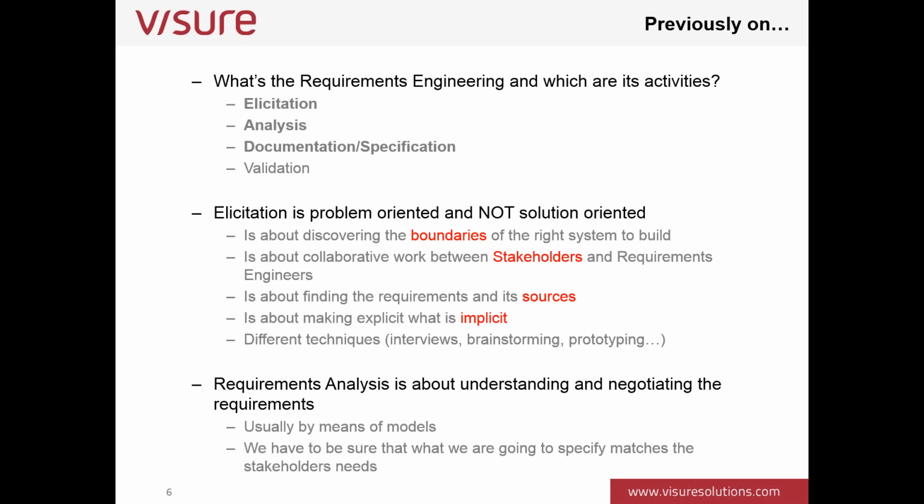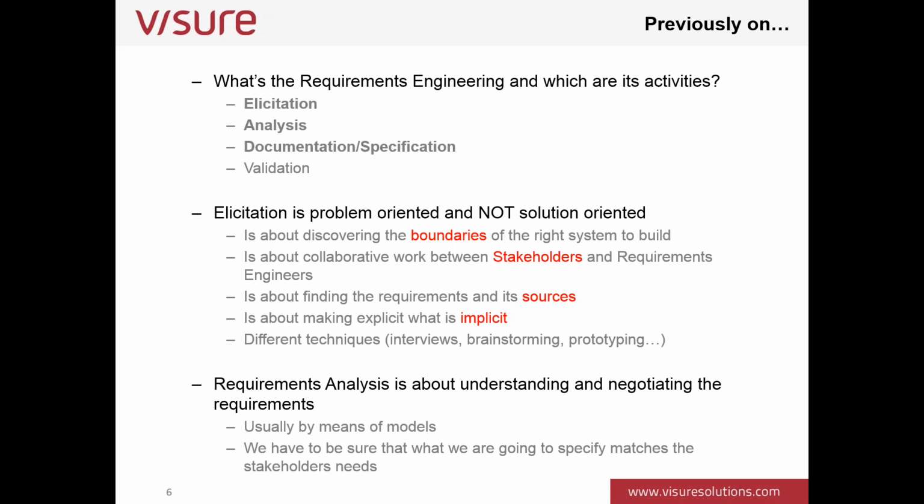Regarding those three activities, the first one, elicitation, is about gathering, capturing, and getting the requirements from their source. Usually elicitation is problem-oriented but not solution-oriented. That's true for elicitation and for most requirements work, although we will eventually get into the solution at the end.